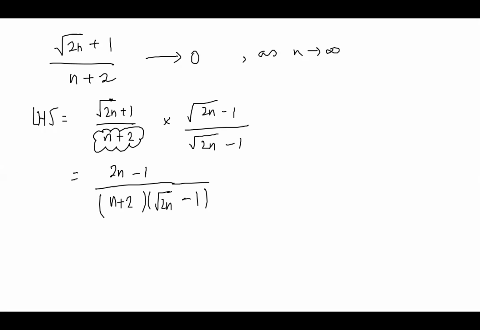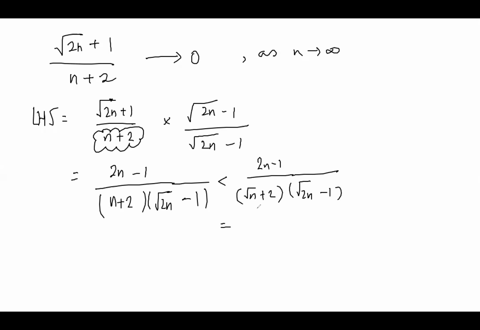Let me try, just trying. So this is definitely bounded by (2n minus 1) times the square root of (n plus 2), because this will be smaller.